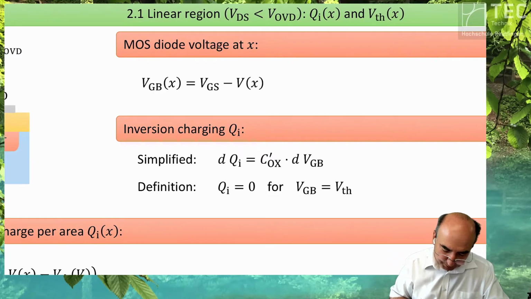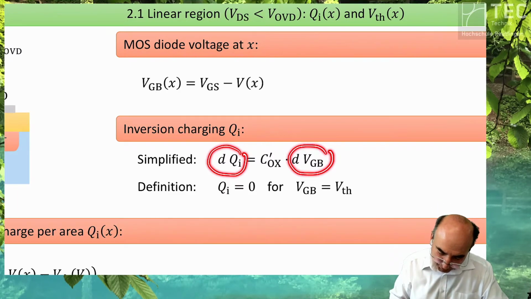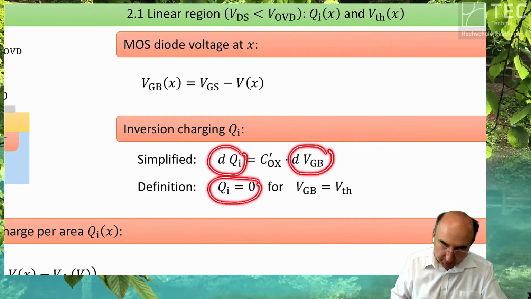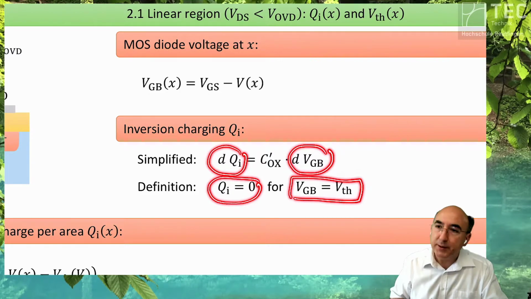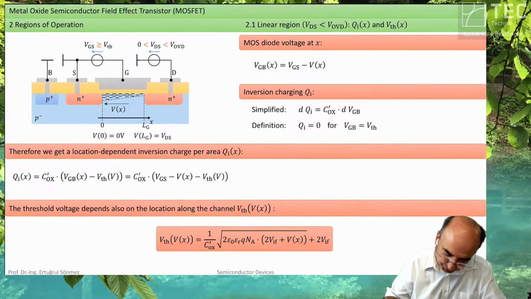Therefore, we simplify that the change in the charge is a function of the change in the voltage. And the next approximation, which is also not new: the charge in the inversion layer is zero if we have the threshold voltage applied to that location. Yes, that's also not new.